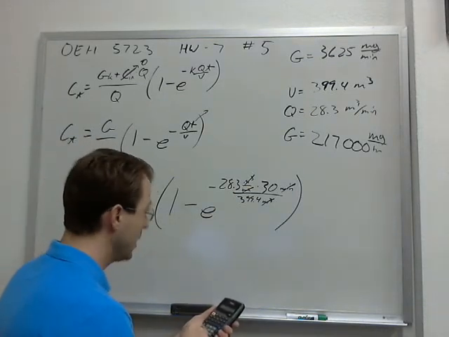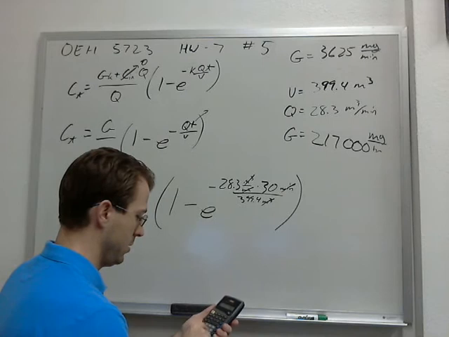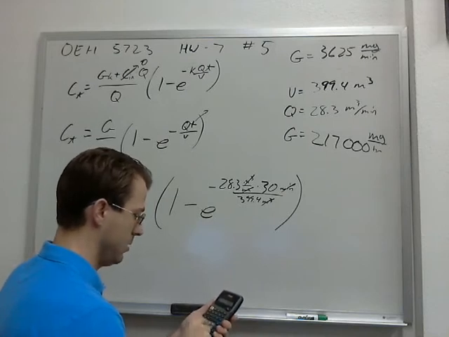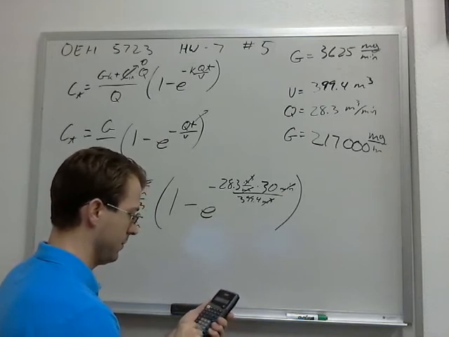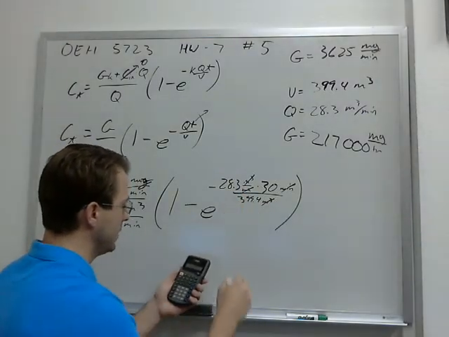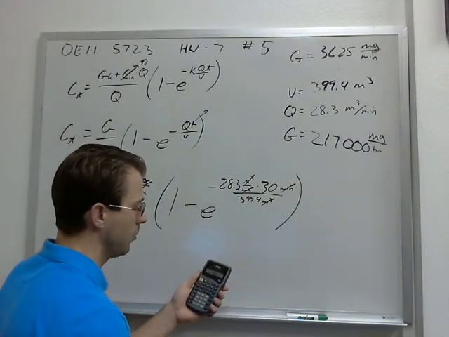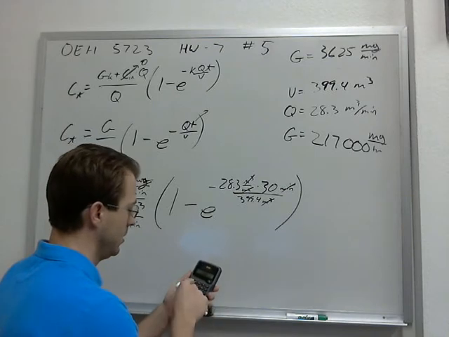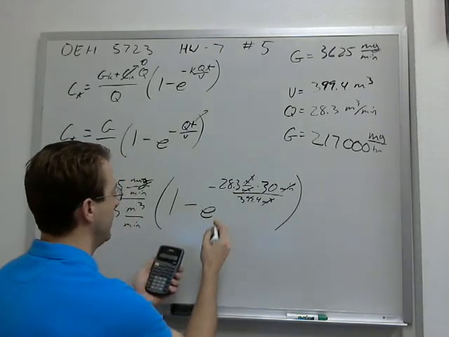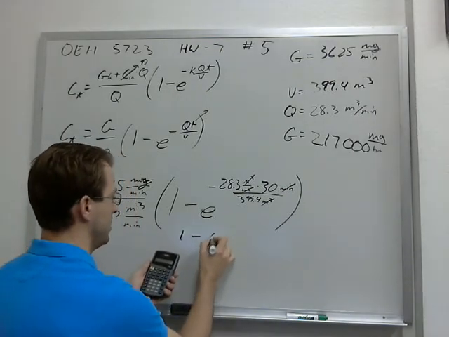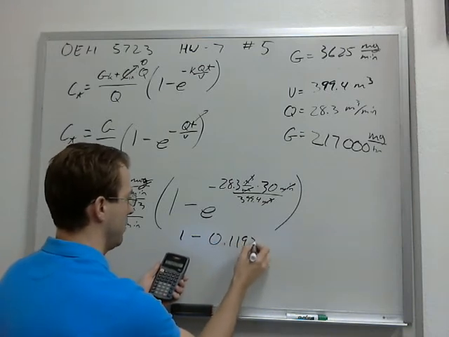And so 28.3 times 30 divided by 399.4. So this is minus 2.1256. So if we take the E of that, this is 1 minus 0.1193.